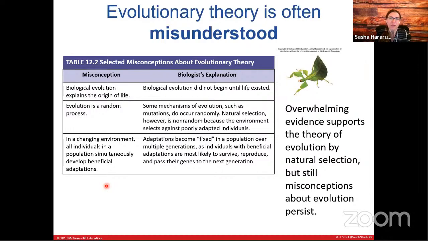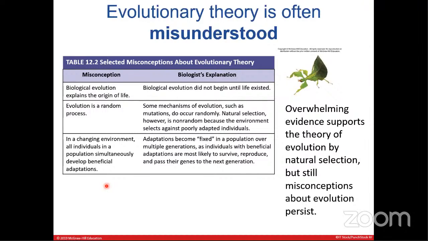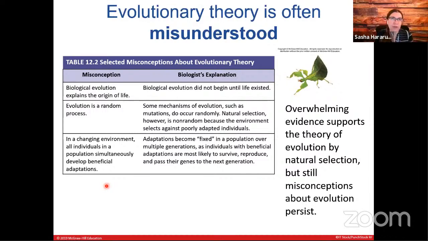Some mechanisms of evolution, such as mutations, do occur randomly, but natural selection is non-random, because the environment selects against poorly adapted individuals. Whoever does not survive in a given environment will die, and therefore will not transfer their genes to the next generation.